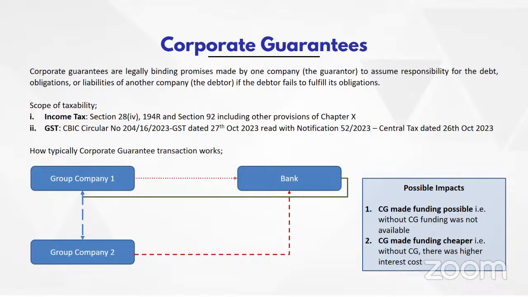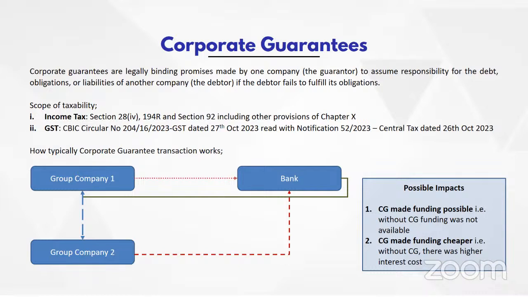Now, in such a case, the holding company has two options. One, either to infuse capital, and after infusing capital, the subsidiary company which wishes to take a loan will go to the bank, and being adequately capitalized, the bank will give a loan. Or, depending upon the cost of capital, the company says, no, I will not infuse capital, I will give a guarantee to the bank and the bank will give a loan.